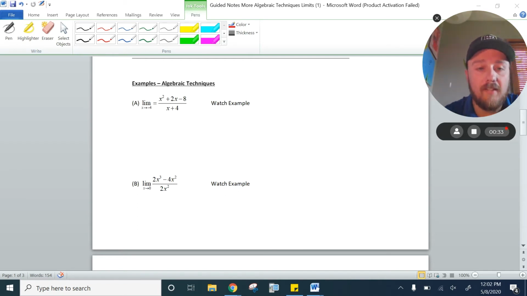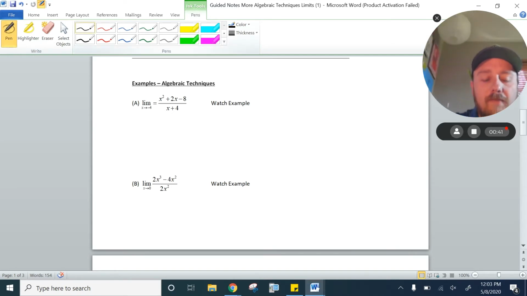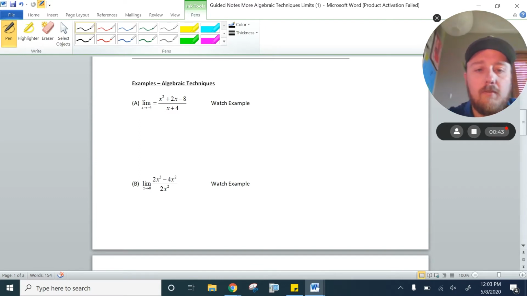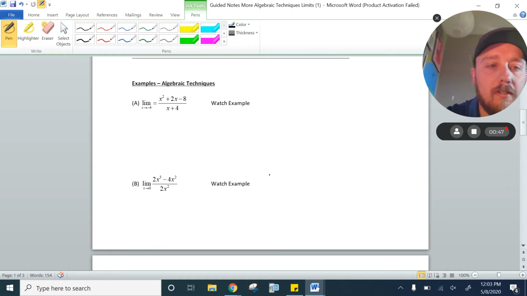We could graph this thing and see what happens. But for this week's notes, our goal is to use some factoring. So let's see what happens when we factor the top. We can pull an entire 2x squared out of this whole thing, and then x.